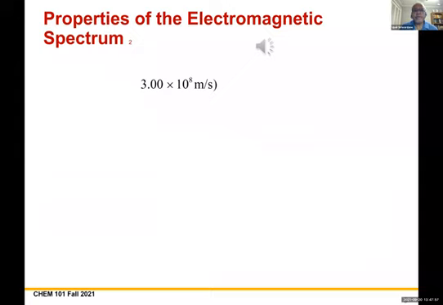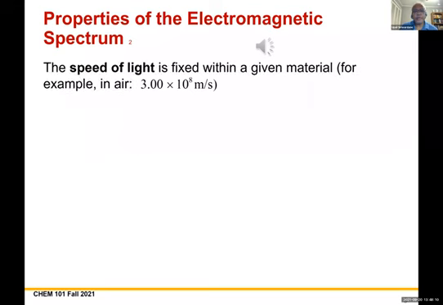One of the things about electromagnetic radiation is that it travels at the speed of 3.0 times 10 to the 8 meters per second, called the speed of light. All electromagnetic radiation travels at this speed.